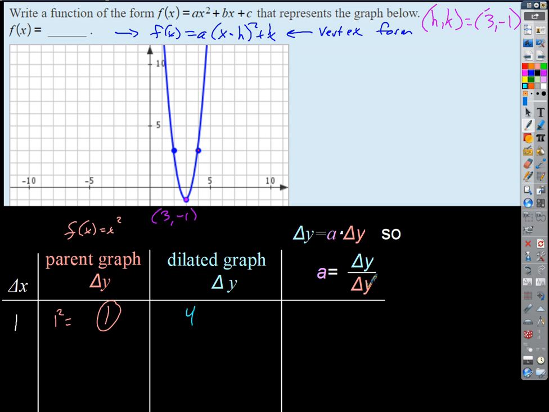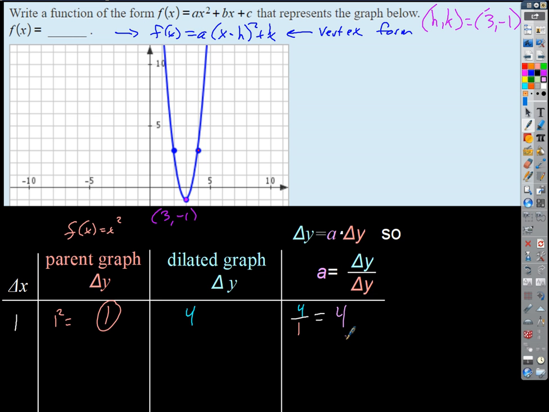So what is that here? 4 divided by 1, because that's what we're plugging in, this divided by that, equals 4. So A is 4, right?